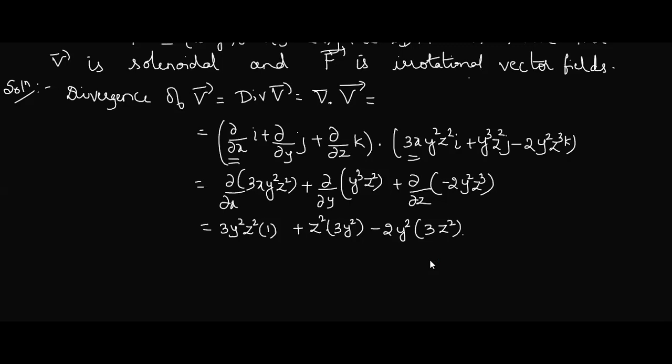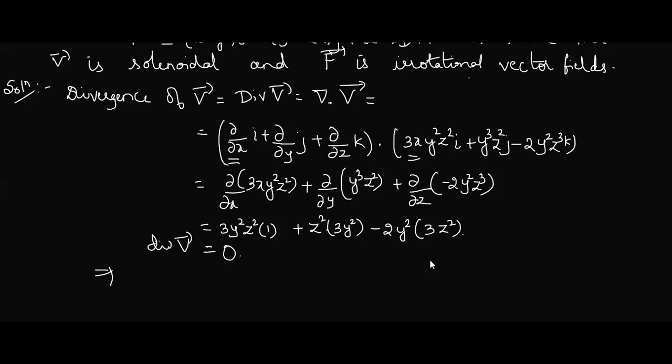Not directly 0. You can clearly see this is 3 times y square z square, 3 times y square z square, and this is minus 3 twos are 6 times y square z square. If you take y square z square common, 3 plus 3 is 6, 6 minus 6 becomes 0. So we are getting divergence of V is 0.